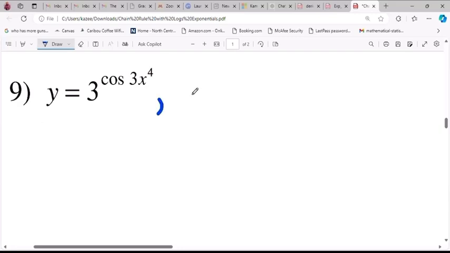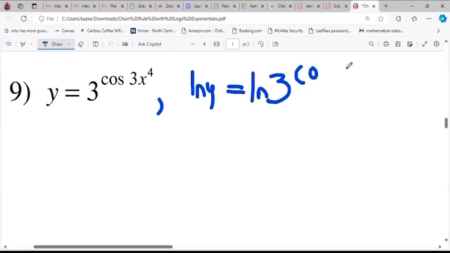So I'm actually going to have ln of y equal ln, introducing ln to both sides. Don't forget, whenever you want to undo exponential functions, that's exactly what you're going to do. You're going to introduce ln to both sides, and the essence of introducing ln to both sides is because you want to bring the exponent down.